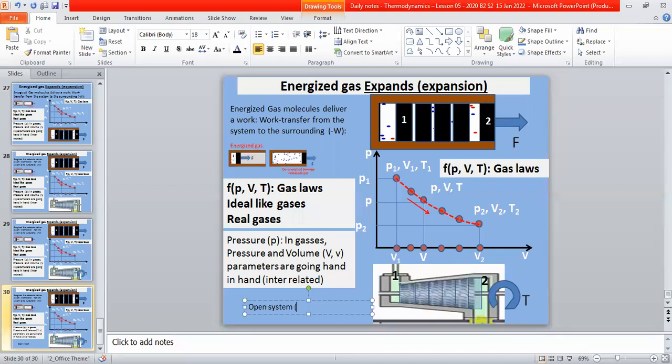During the power delivery, it's always an open system. There is a flow of steam or gas through the turbine, so we call it a flow system.